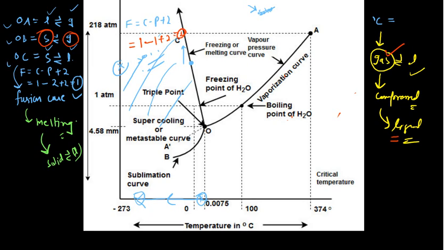Okay. So all along the region, whether it is region S, the degrees of freedom is 2, region L has degrees of freedom 2, and region V has degrees of freedom 2, and all along the curves you have 2 phases, so the degrees of freedom is 1.